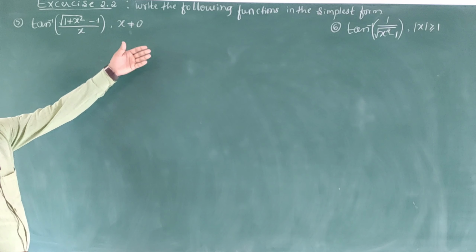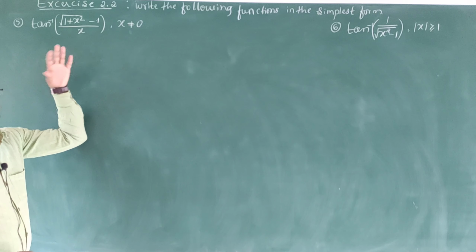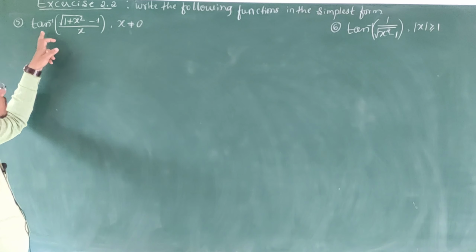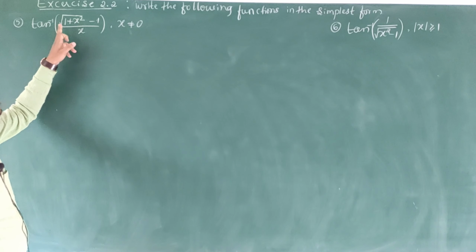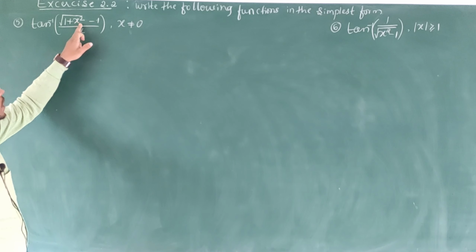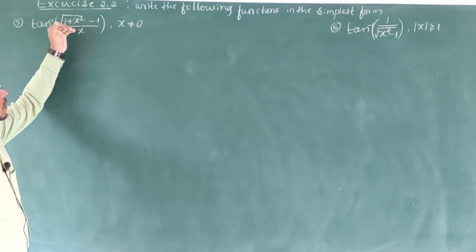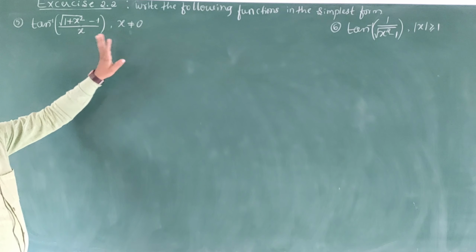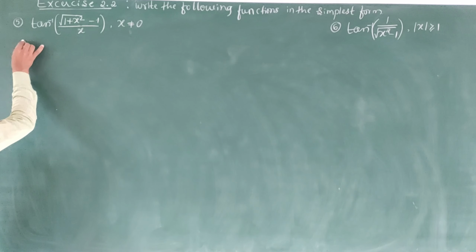Okay, see the next questions. Write the following functions in the simplest form. We have to write the following functions in the simplest form. Fifth one, tan inverse of root 1 plus x square minus 1 divided by x, where x is not equal to 0. Okay, for that see the solution.